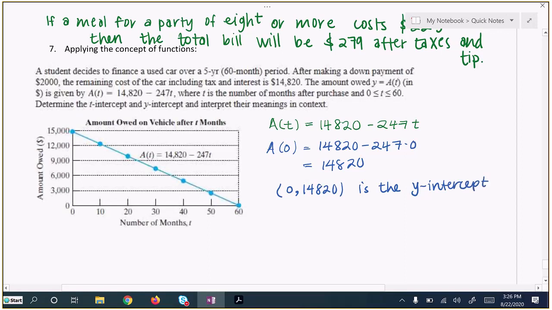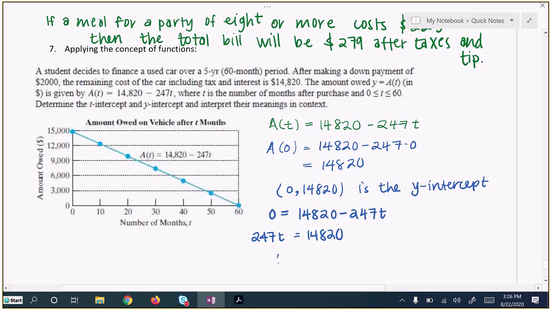Now if I want to find the t-intercept, I'm going to set the function equal to 0 and try to solve for t. So 14,820 minus 247t equals 0. Add 247t to both sides. I get 247t is 14,820.